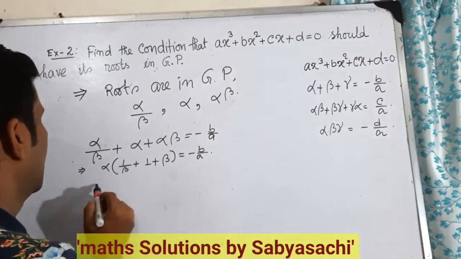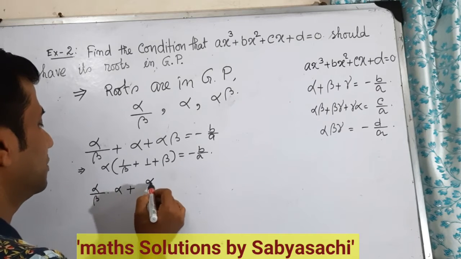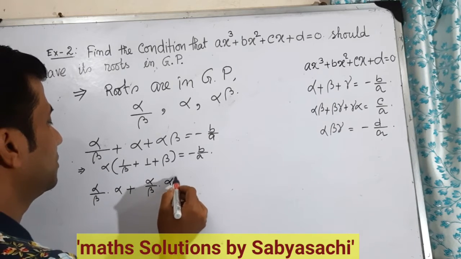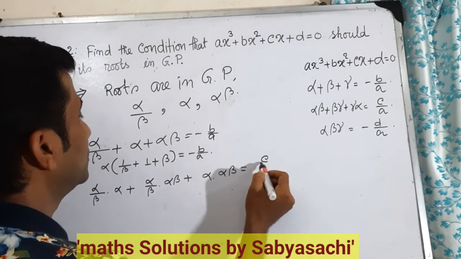And next, alpha/beta times alpha plus alpha/beta times alpha beta plus alpha times alpha beta is equal to c/a.